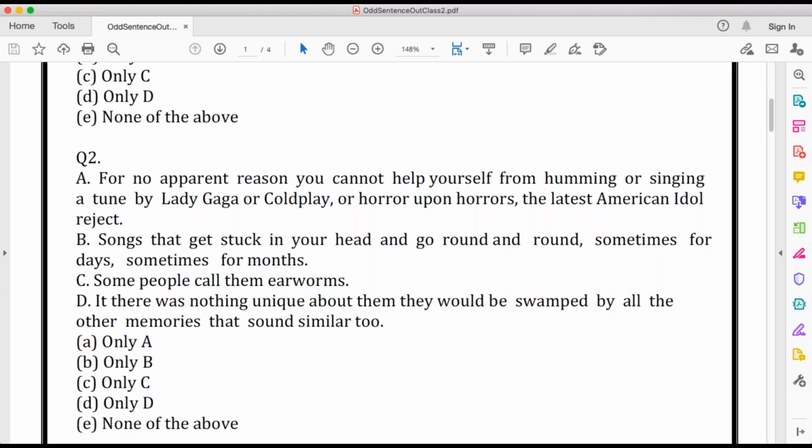This is slightly level up, so this will not come. Perfect, Vanshika, no worries.